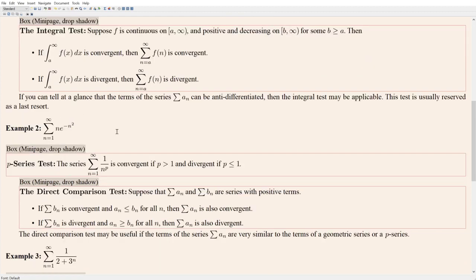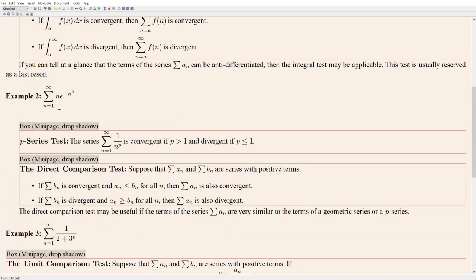So the integral test is going to be useful when the terms of the series look like something that can be anti-differentiated. So in this case, here we have x e to the minus x squared. This is an integral that we've done before. In particular, this is an integral that can be achieved by letting u equal x squared.